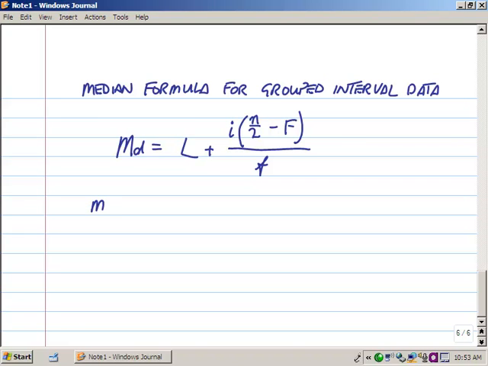Alright, when we define these things, I'm going to talk about the median class. So the median class, or interval, is the interval that contains the median.